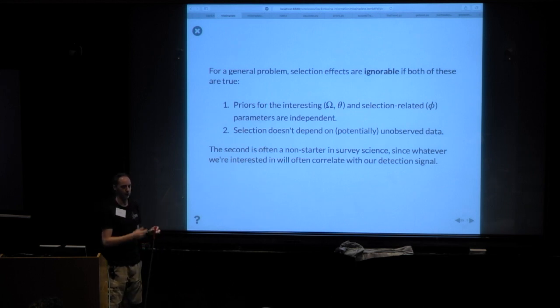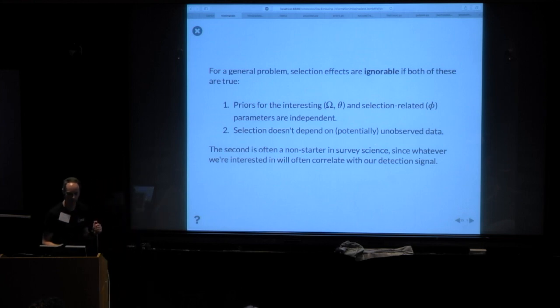And in the case that one of your data points is the thing that lets you know that a source exists, that's just not going to be satisfied. If you were interested in totally unrelated quantities to that, meaning intrinsically there's not a correlation between them, and in the measurement there's no correlation between them, then you would still be okay. But that isn't very often the case.